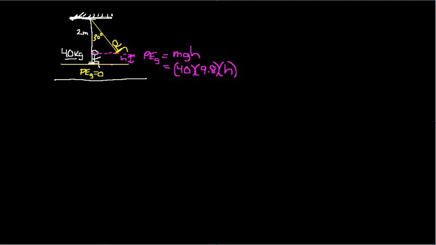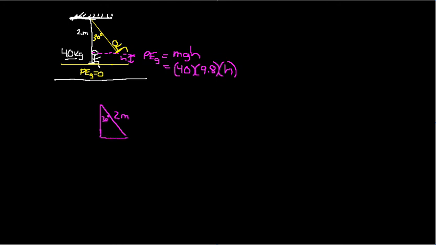From here on, it's just a little bit of trigonometry. If this is 2, this rope length never changes. So we have 2 meters on the rope and 30 degrees here.